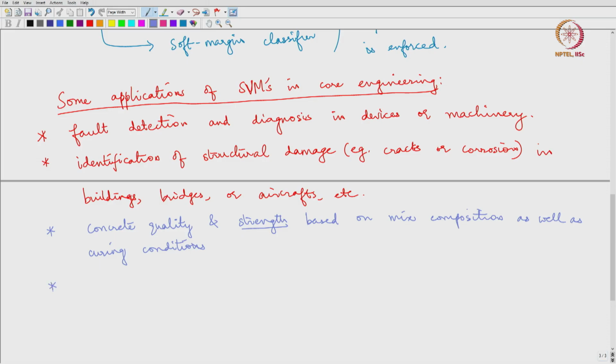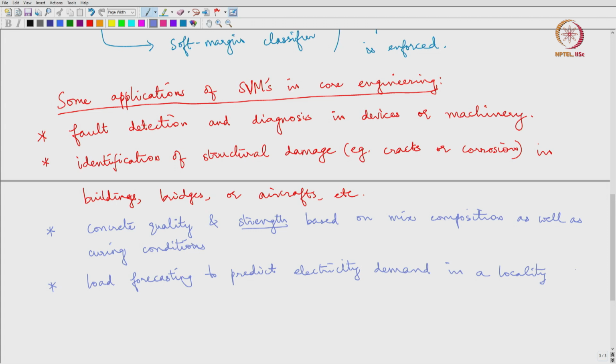Another example, this time derived from electrical engineering or power engineering, could be for example load forecasting, right, to predict electricity demand in a locality, and this could be based on various factors, the time of the year, the temperature of the day, the kind of season we are in, the time of the day, whether it is day or night, right, so many other factors, and the population, and whether it is a vacation or it is a weekday, and so on and so forth.